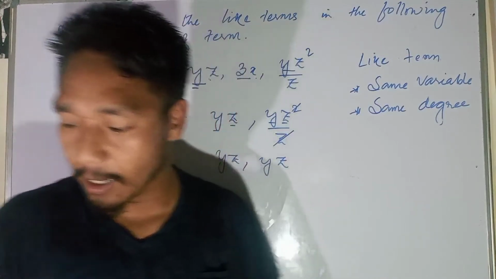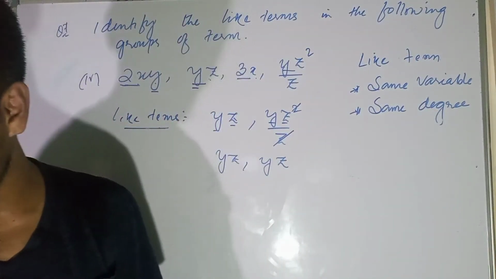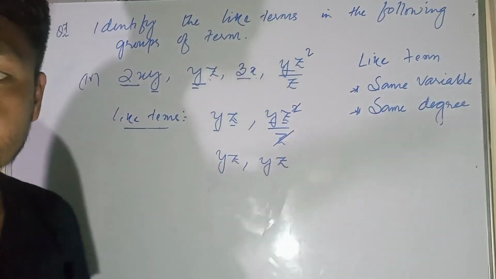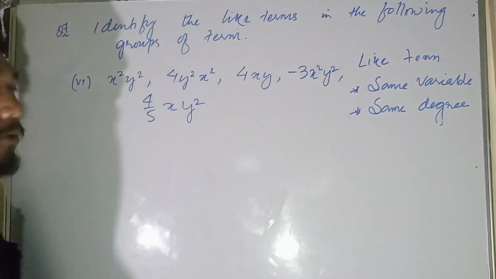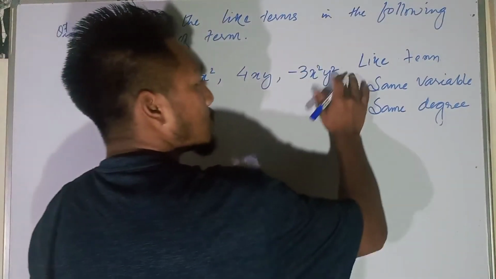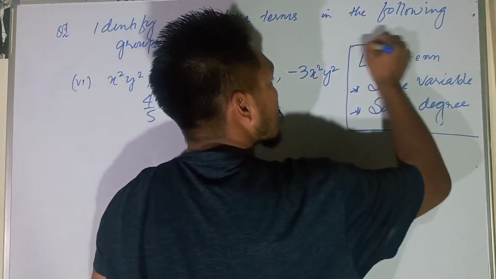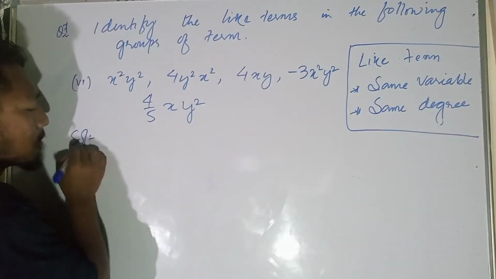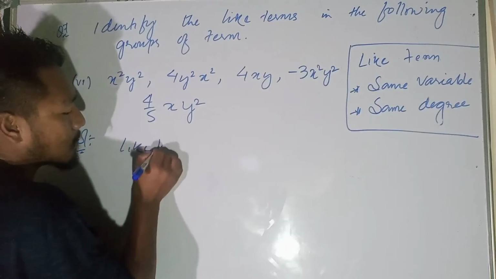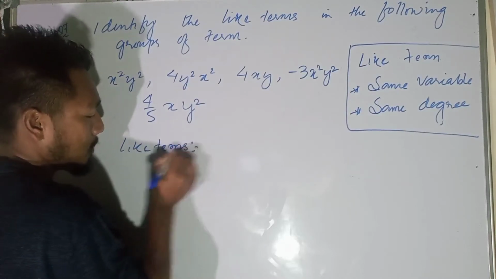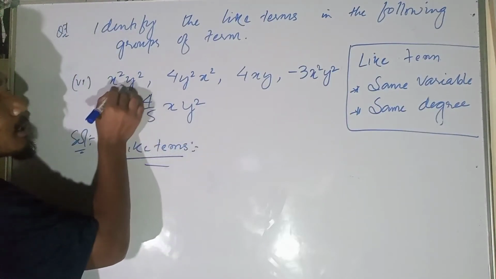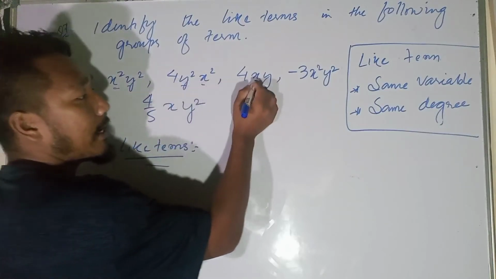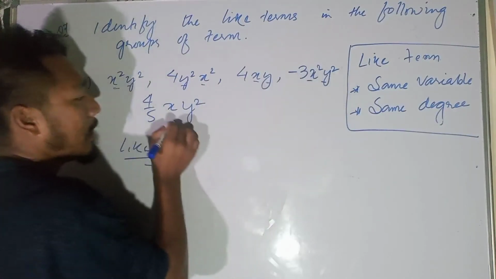Similarly, let's go to question number 6, Roman number 6. What are the like terms? See here, x and y, x and y, x and y, x and y, x and y.